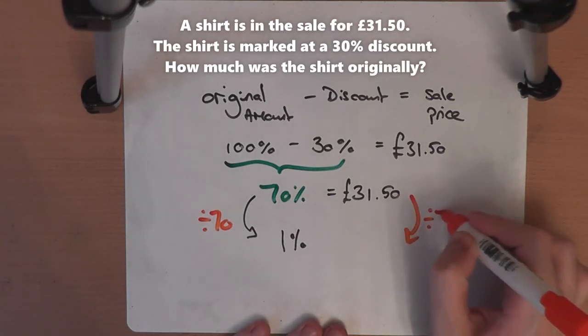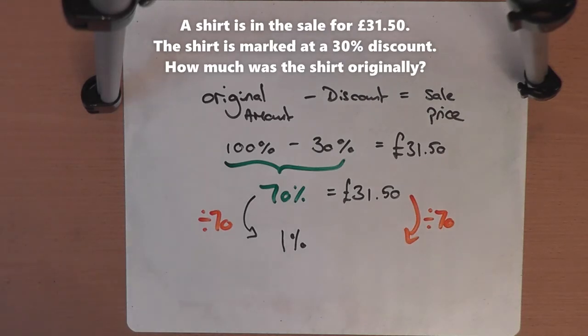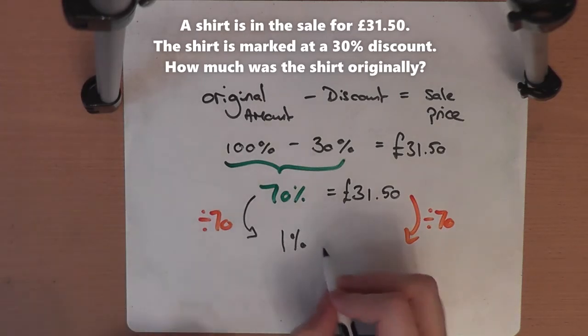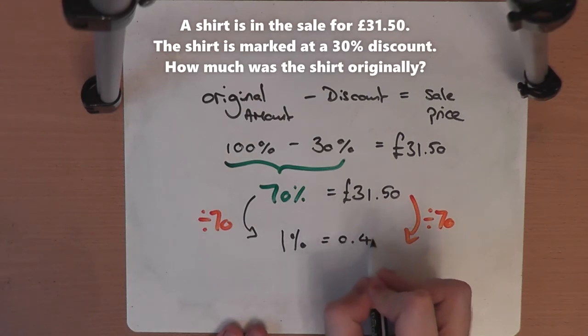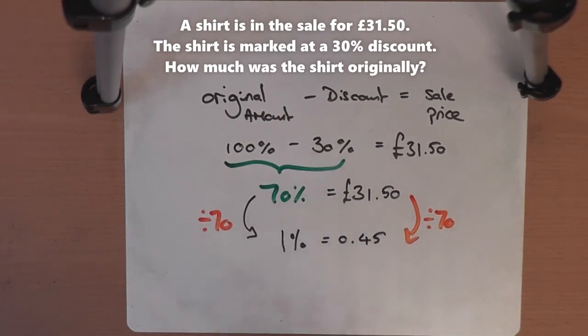We could do £31.50 divided by 70, and that would find us the value of 1%. So we could grab our calculators, do £31.50 divided by 70, and that would come out as an answer of 0.45 or 45 pence.